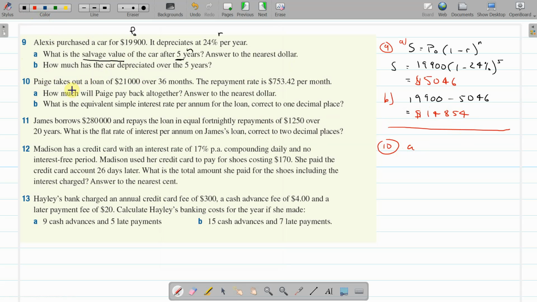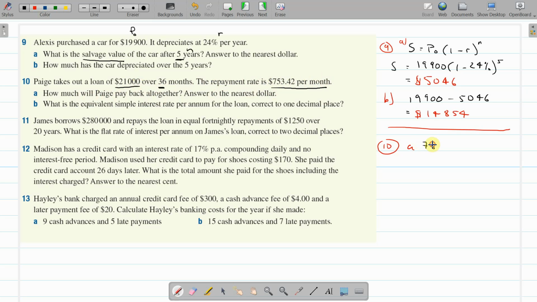Okay, this one, we've got a loan of 21,000, 36 months. Repayment rate is that per month. How much will pay back altogether? Well, that's this one.